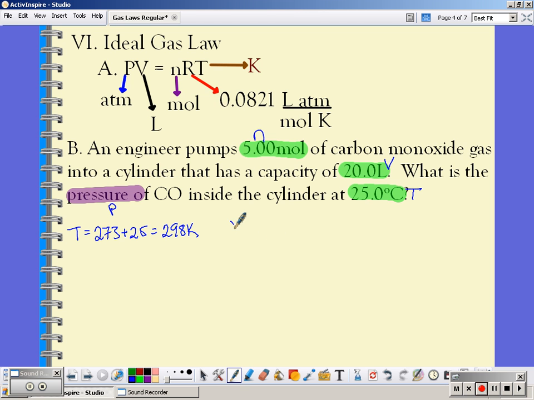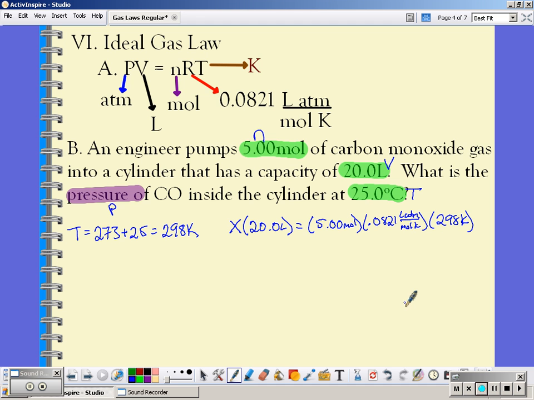Pressure is what I'm looking for, so that's X, times my volume equals N times R, which is the constant, times my temperature.